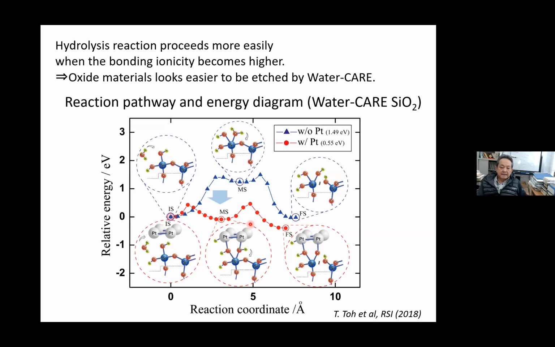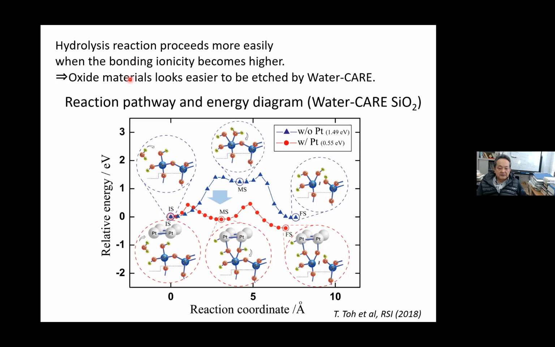Okay. So this is the hydrolysis reaction, and it was actually simulated by using a state program. As you can see, the oxide material hydrolysis reaction proceeds more easily when the bonding ionicity becomes higher.